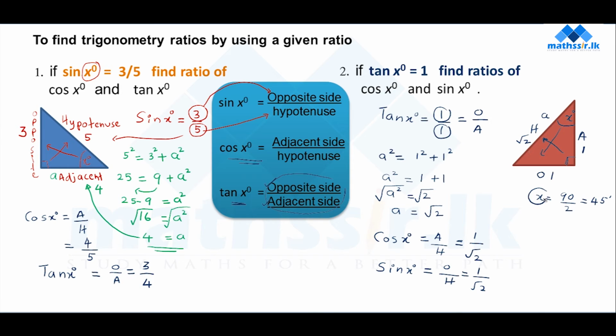Using this x as 45, you can think cos 45 angle represents 1 over root 2, and sine 45 is 1 over root 2, and tan 45 equals 1.